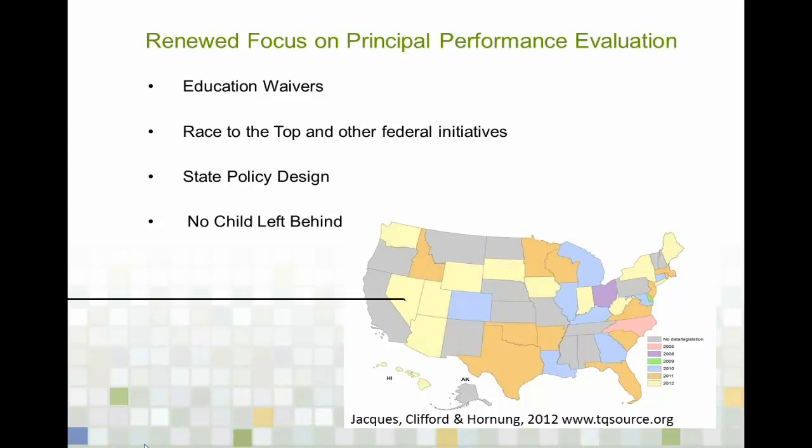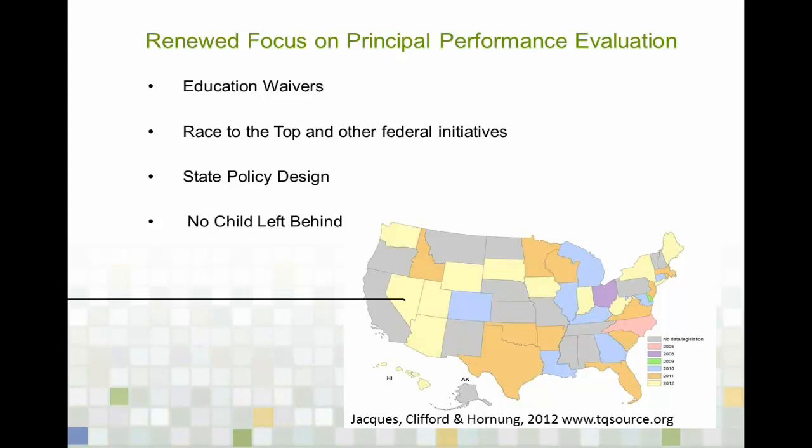From a federal perspective, the belief is that principal evaluation should be organized around a framework that describes what principals should be able to do. That framework should include at least 4 levels of performance so that principals get the feedback that they need to make changes.